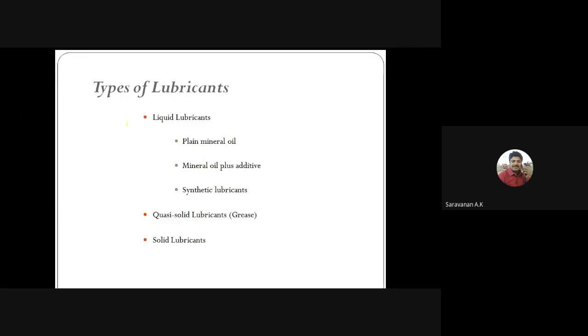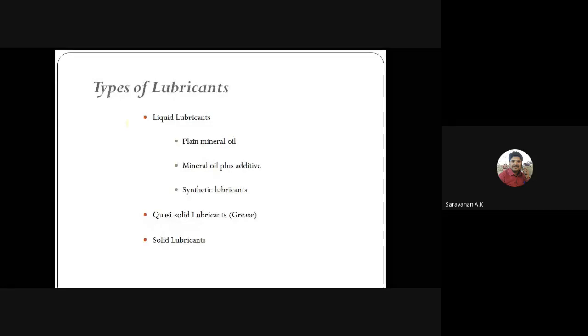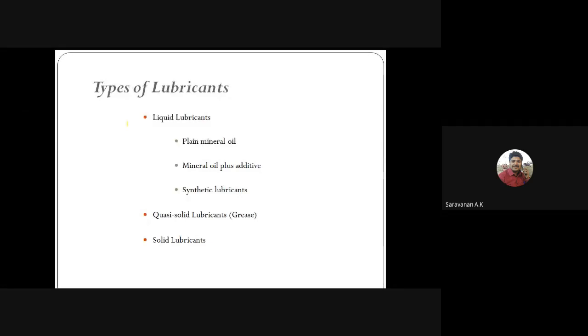Wherever we can, we can supply this type of liquid lubricant. Apart from keeping the parts separated, they also act as a heat carrier, right? These are the special features of the liquid lubricants.